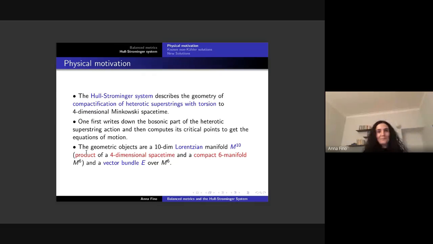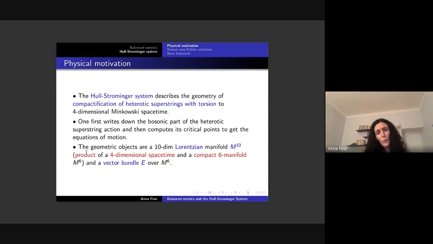Anyway, in some sense, we want to describe the geometry of compactification of a heterotic superstring with torsion to four-dimensional Minkowski space-time. So what is this compactification? We want to have a link from a 10-dimensional manifold to four-dimensional Minkowski space-time that in fact is flat.